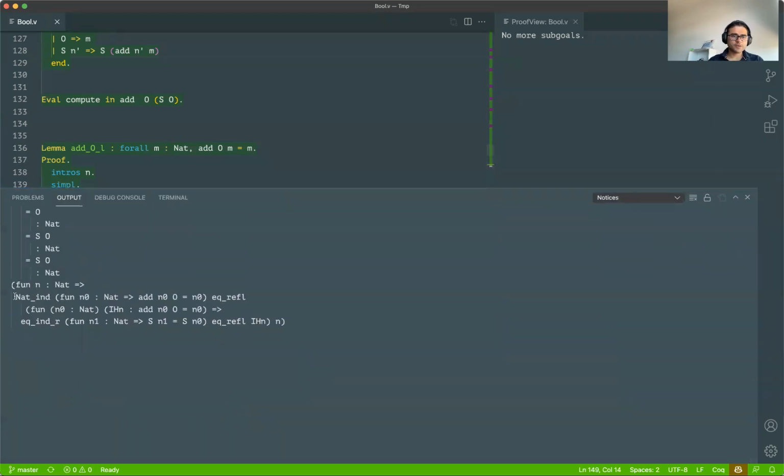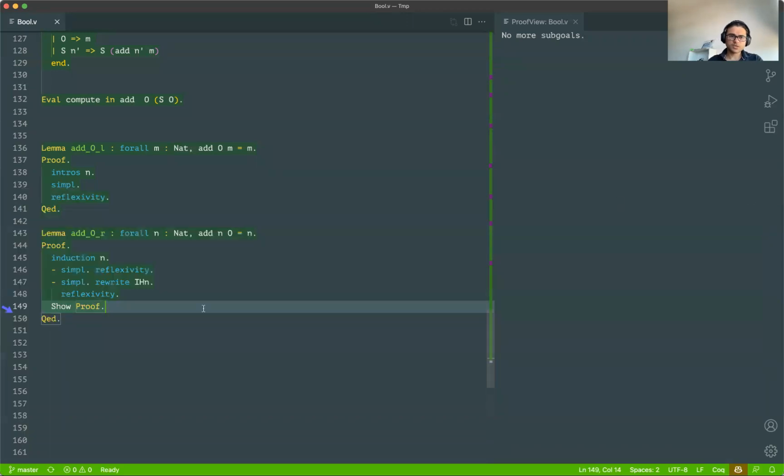So internally, we are building Gallina terms, which would be very difficult to build by hand. But maybe in the next video, I'll try to write these proofs using the refine tactic. But for the moment, let's stick to our normal induction proofs.